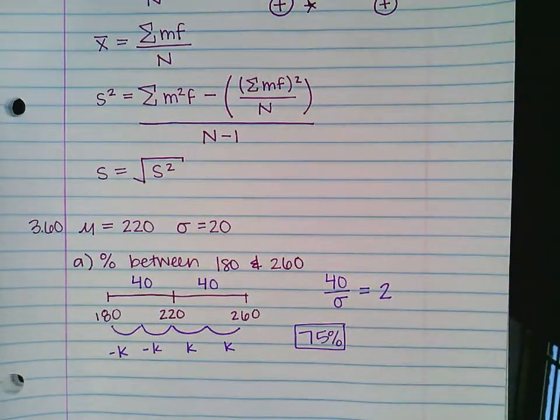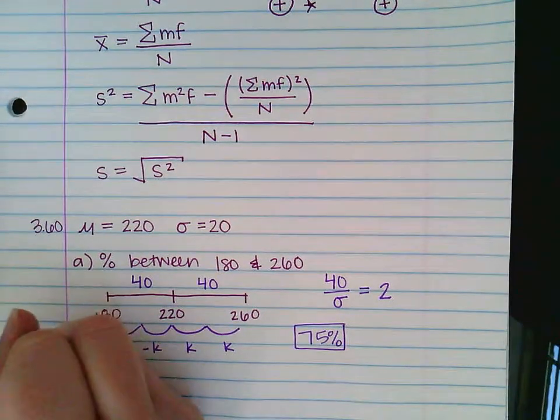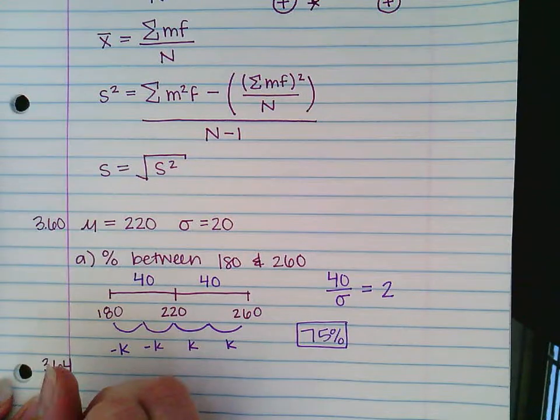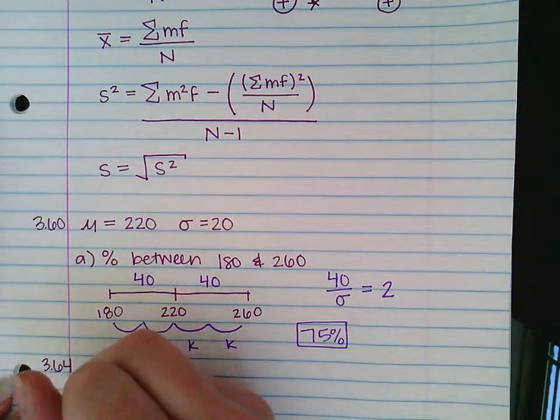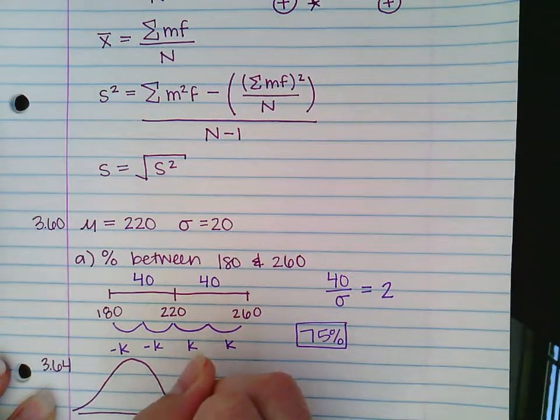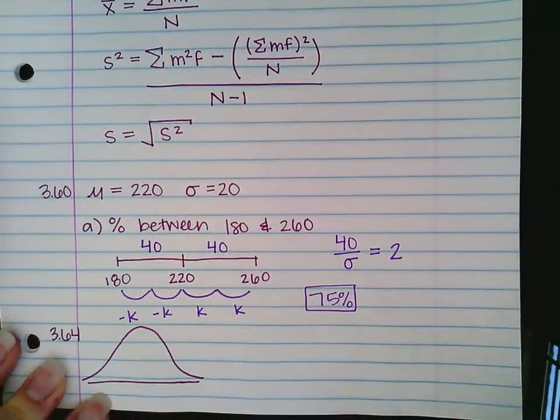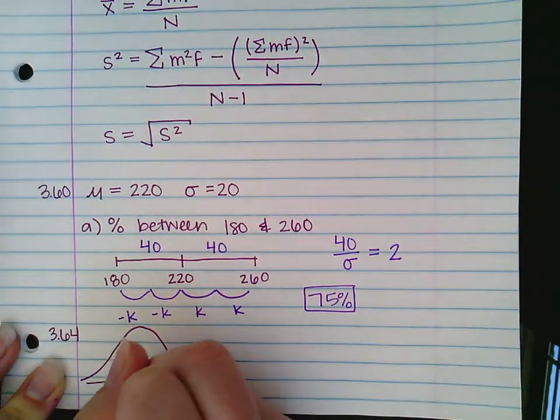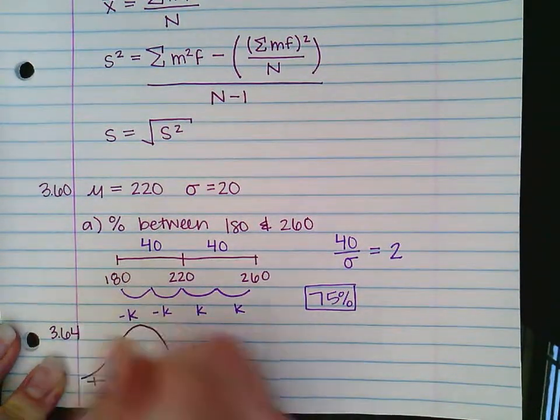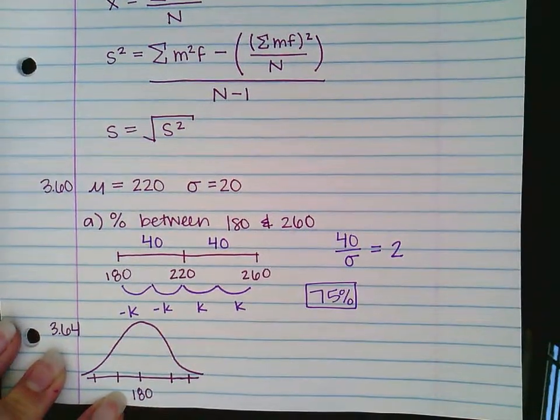Now this is different than problem 3.64 because 3.64 tells you that you're going to follow the empirical rule. And so if you follow the empirical rule, you have a nice bell-shaped curve. Okay, the mean is 180, and then our standard deviation is 30.